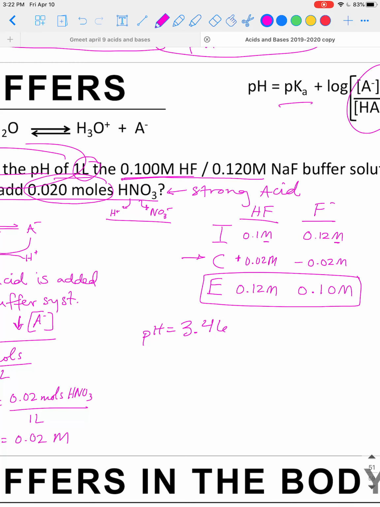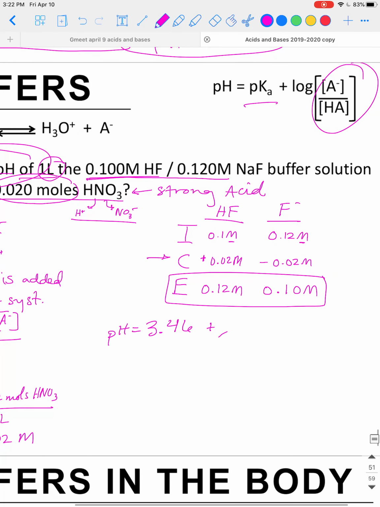So 3.46 plus the log of the concentration of A minus, the conjugate base. Our new concentration of conjugate base is 0.1 molar divided by 0.12 molar. The concentration of the weak acid goes on the bottom. So now let's plug that in.